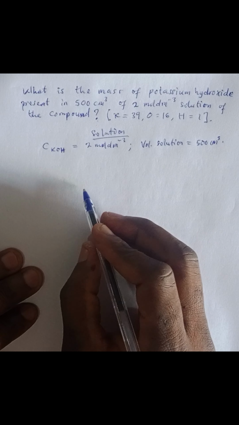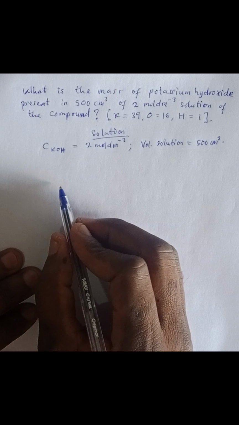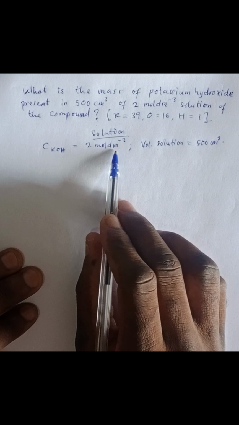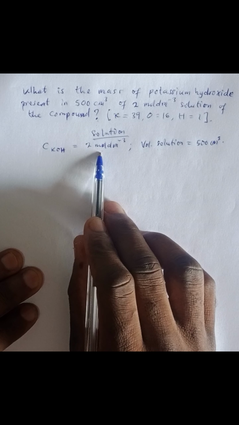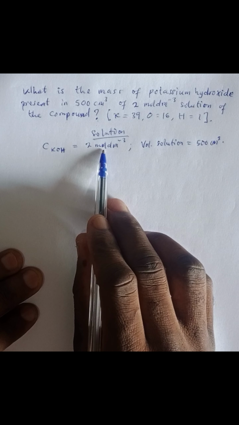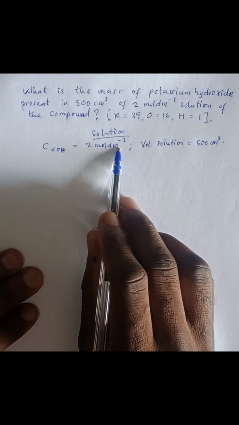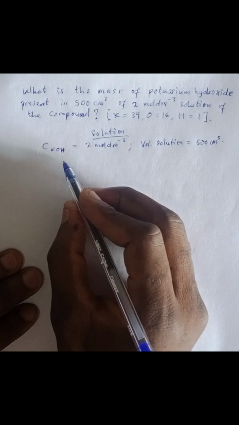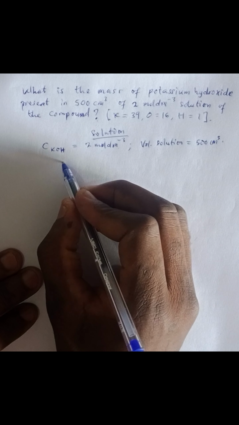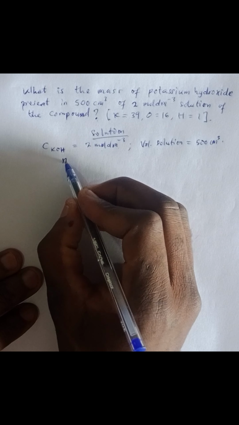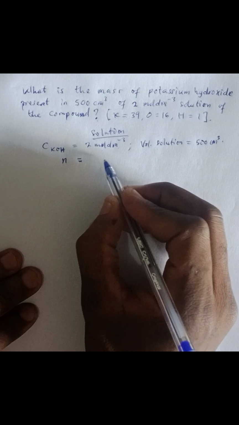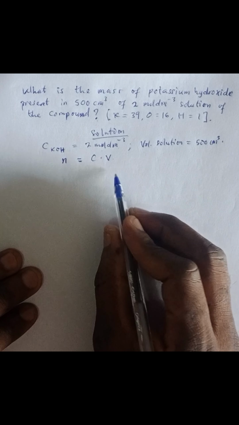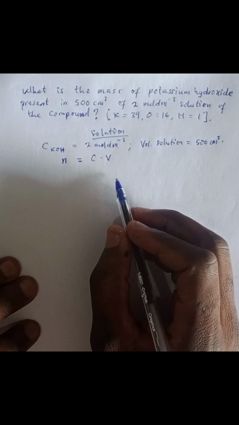Now what we need to know is that from these two parameters there is something involved. From the unit of the concentration, which is mol/dm³, we can obtain our mole. There is a formula, if you remember, that number of mole will be equal to concentration multiplied by volume in decimeter cube.